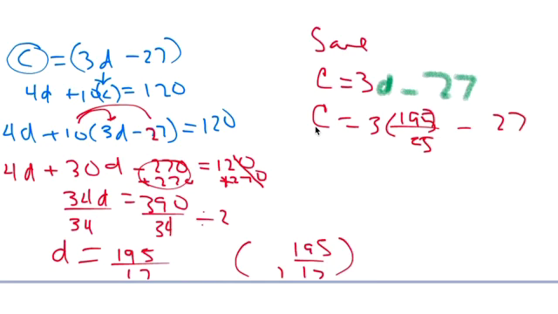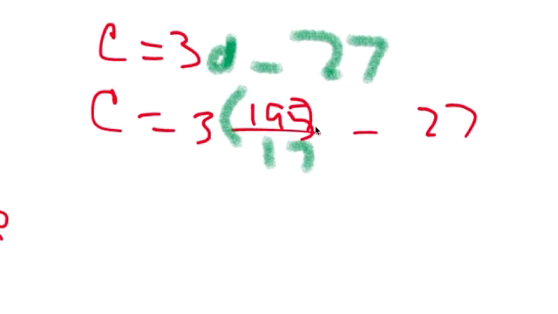Over 17. Over 17 here. Okay. Then multiply, subtract, common denominator. Guys, finish the rest. Okay. It's 27.